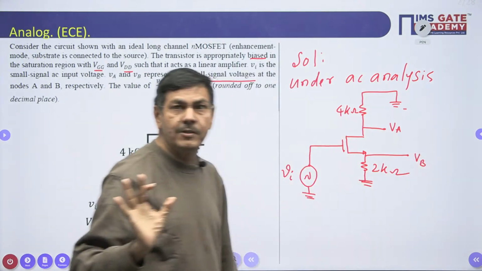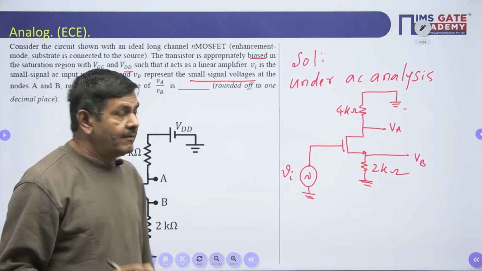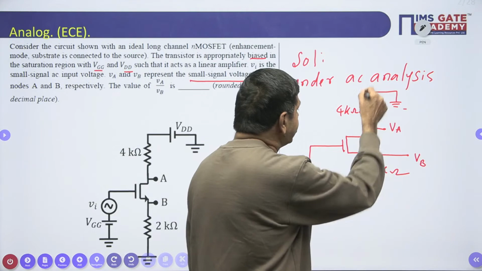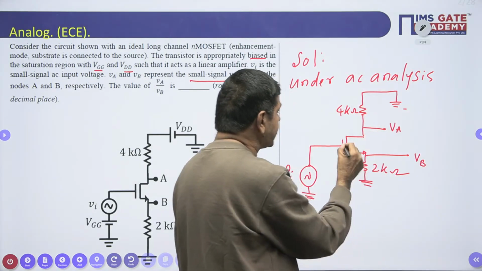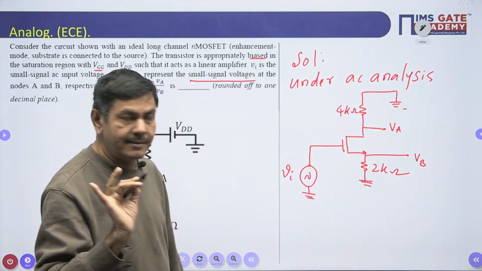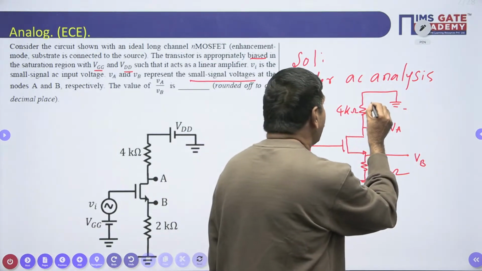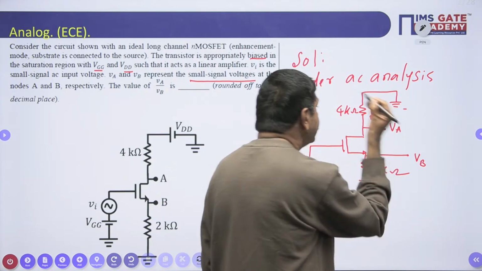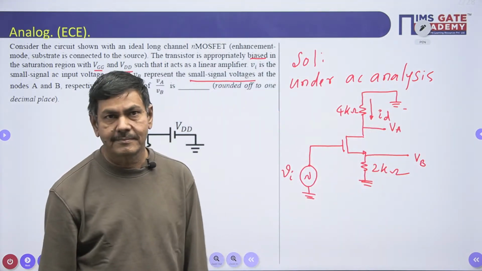In a simple way, I will do it. Easily you can understand. We know very well the current which is passing at the drain. This is the drain, this is the source, and this is the gate. This current I can name ID. The drain current is going to flow this side.